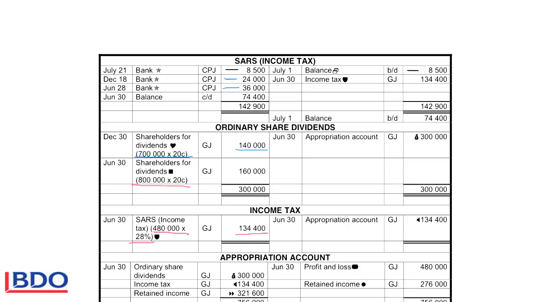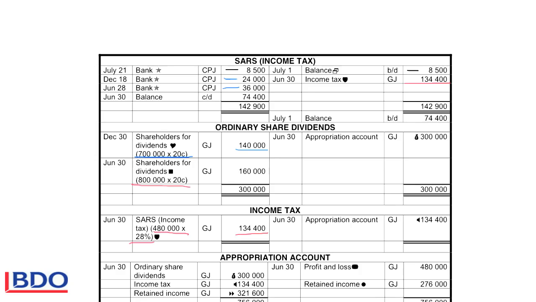Then you determine what the average price per share is, and if they pay more than the average price, it means that you will have to take some of the money out of your retained income. So we will do that calculation first of all and look at the average price of the shares.